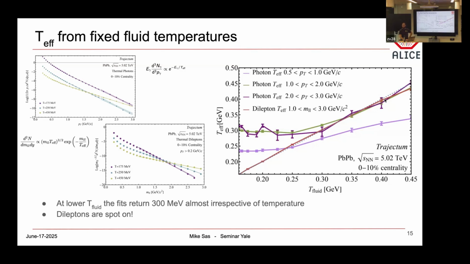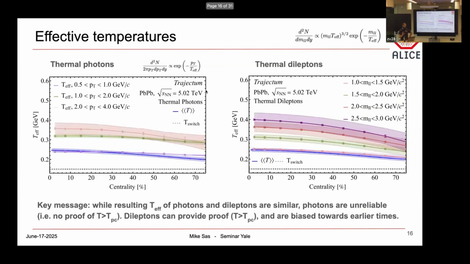That's true, but for what we measure at the moment... Yeah, that's a good point. So maybe this should be taken with some grains of salt. If you measure a couple hundreds of MeV, we still know that we are creating a system that is at least very hot. Because if it was a system at, I don't know, room temperature, you would never get something like that. There's no blue shift that can just push it to 300 MeV.